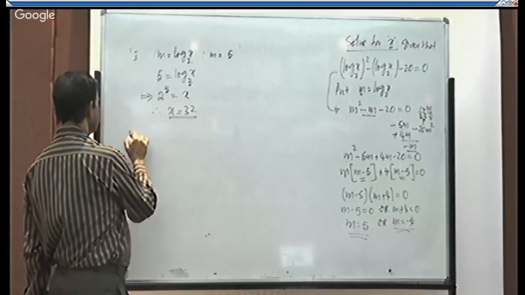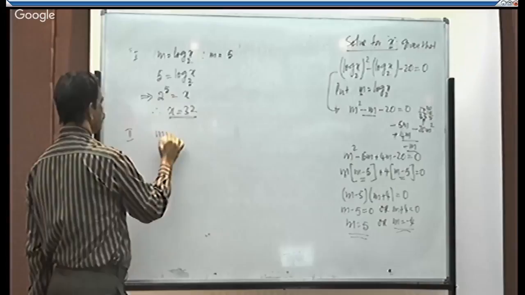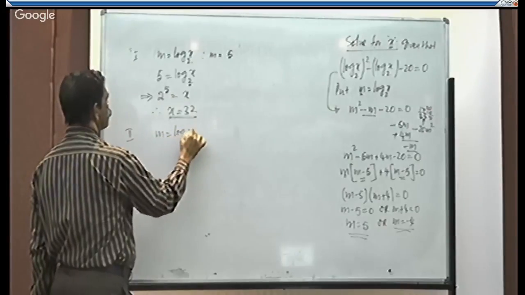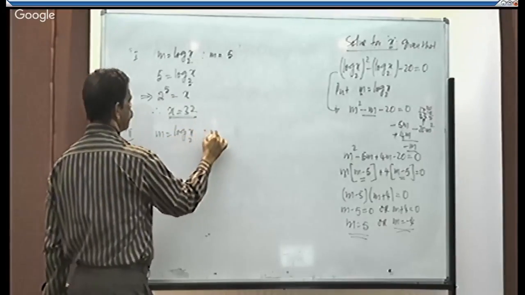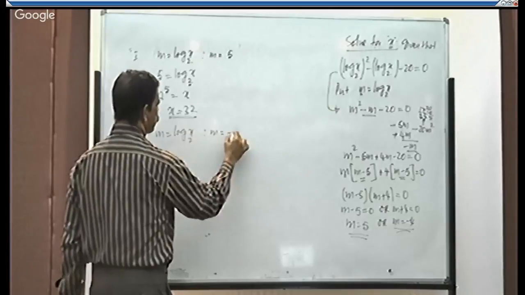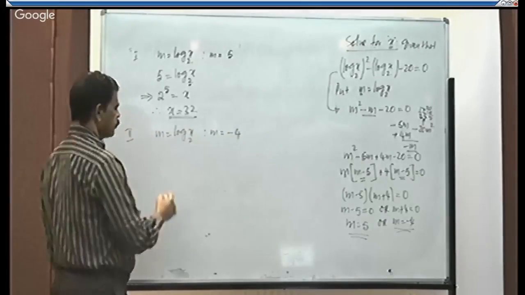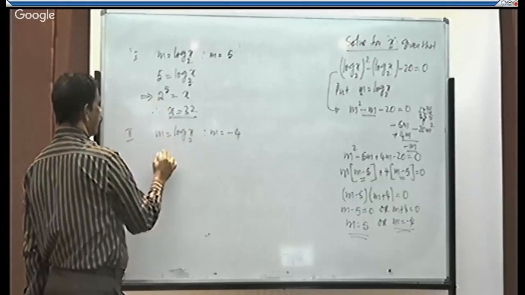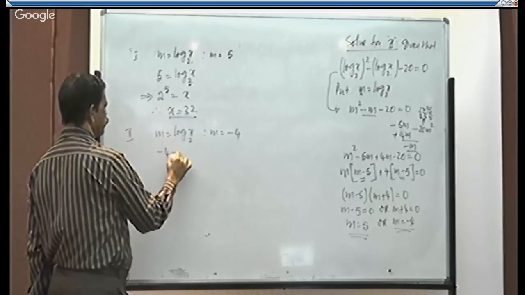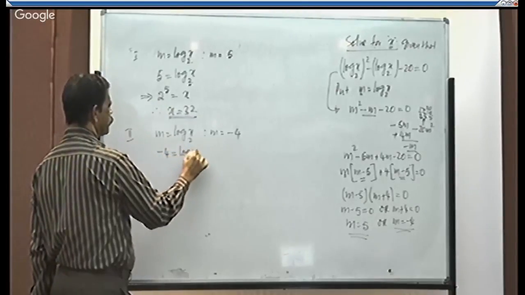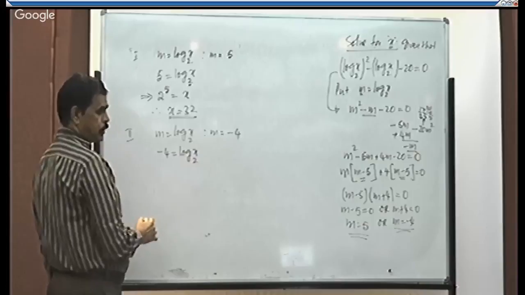For the other value, the same way, take m is equal to log of x to the base 2. What is m? We obtained m as minus 4. Therefore, minus 4 is equal to log of x to the base 2.